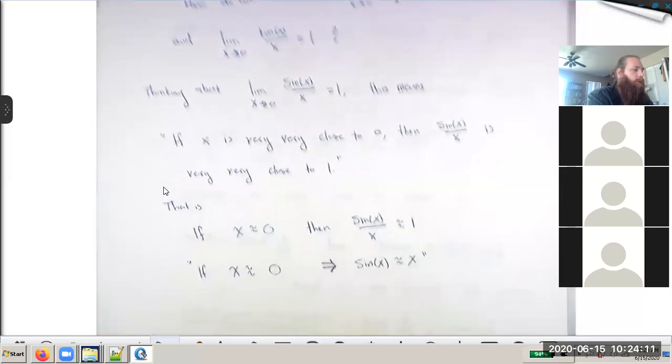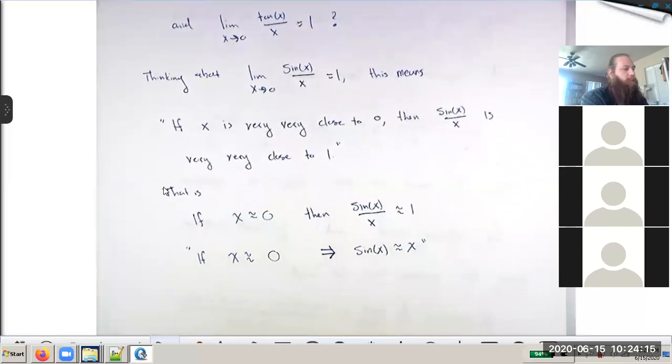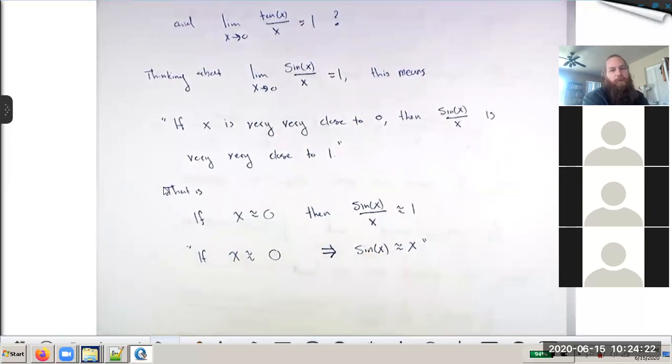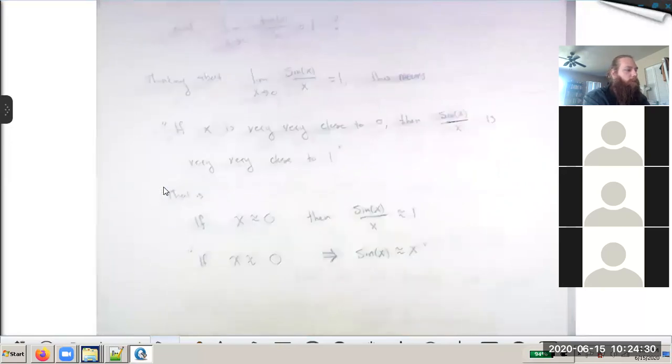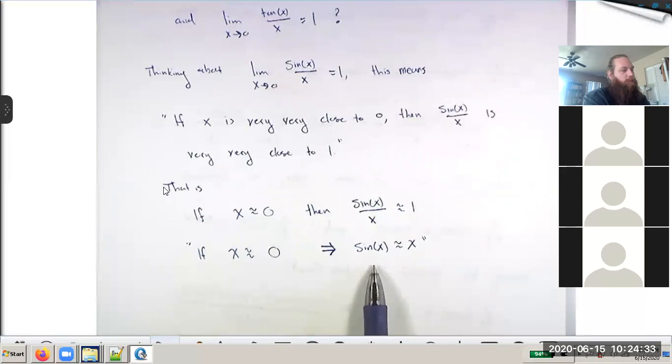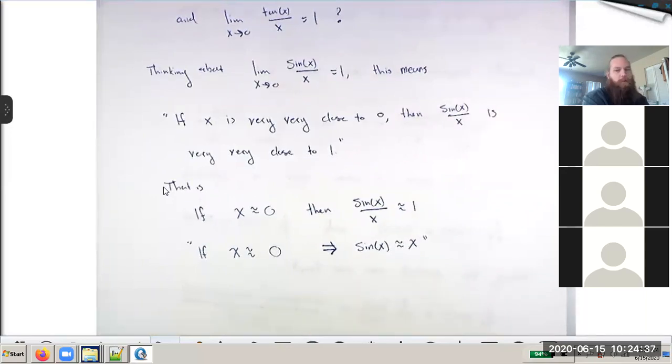Now, one of the things we are able to do at this point is calculate the tangent line to the sine function at 0. But I want you to guess what that tangent line slope is going to be from this relationship. Here we say if x is super close to 0, then the function sine x, that wave, looks an awful lot like the function y equals x, that line.